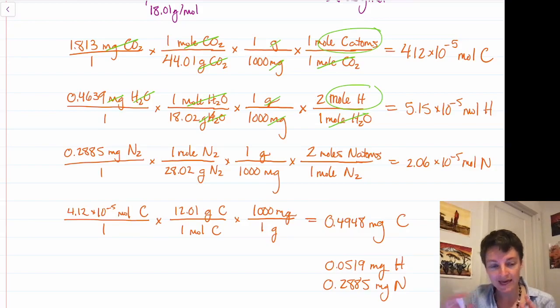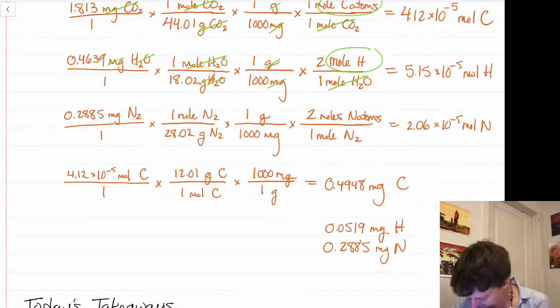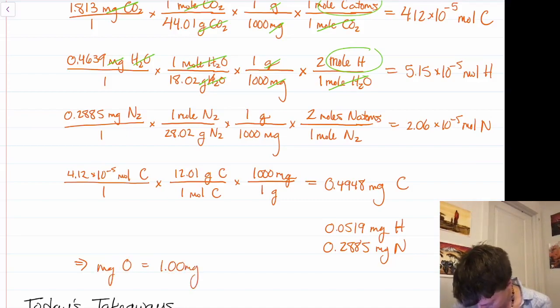And so taking those three numbers subtracted from 1 milligram tells us how much oxygen we have, minus all of this other stuff.